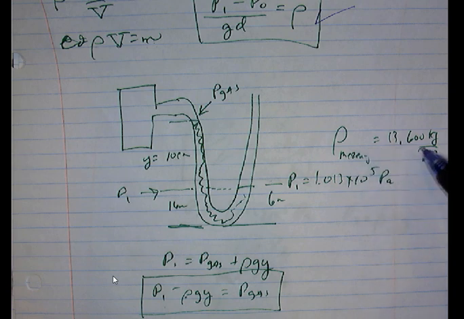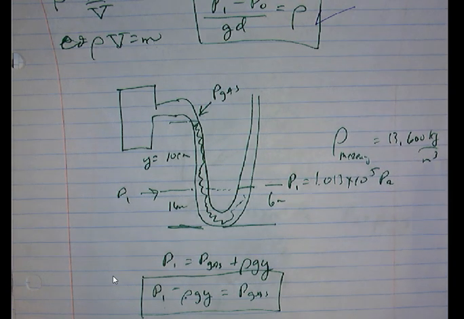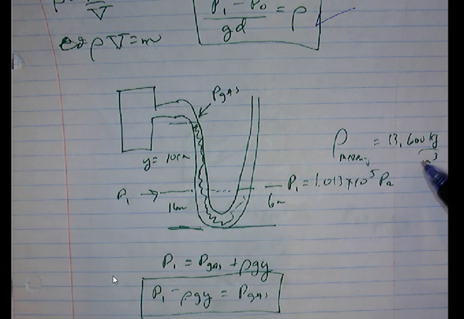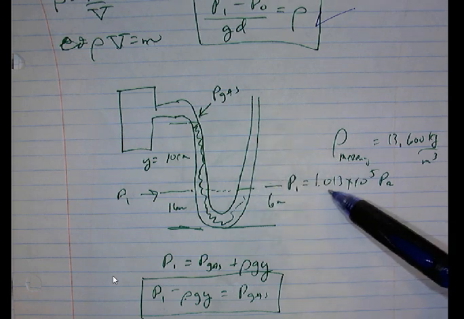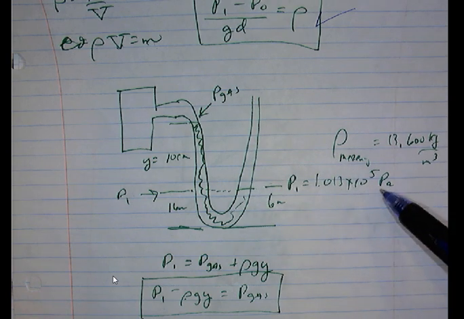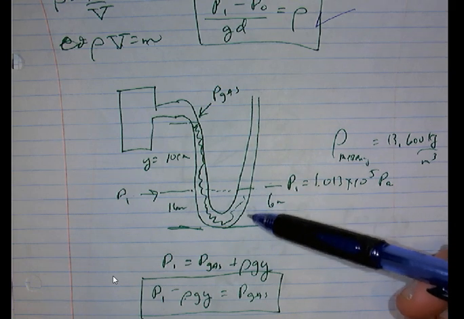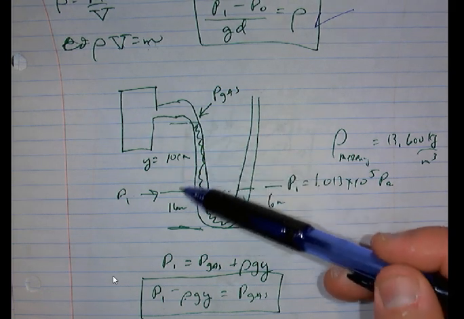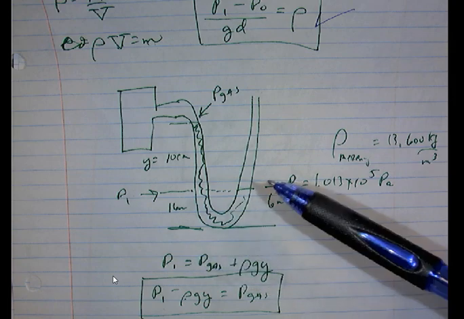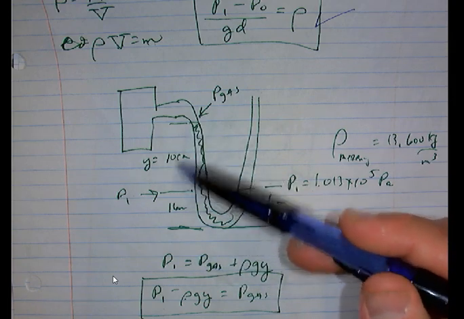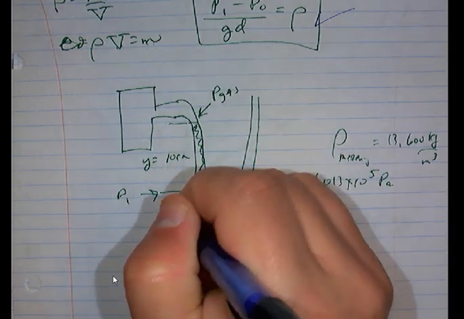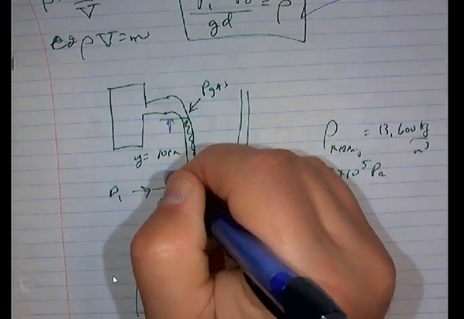Okay, and it's mercury. I know the density of mercury, look up in the chapter, 13,600. Atmospheric pressure, again, 1.013 times 10 to the 5th pascals. And this is 6 centimeters here. They told us this whole thing was 16 centimeters. So this ends up being 10 centimeters here.